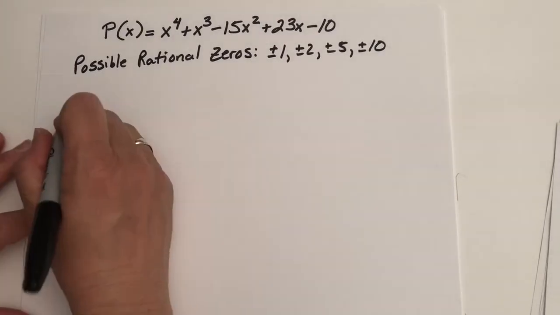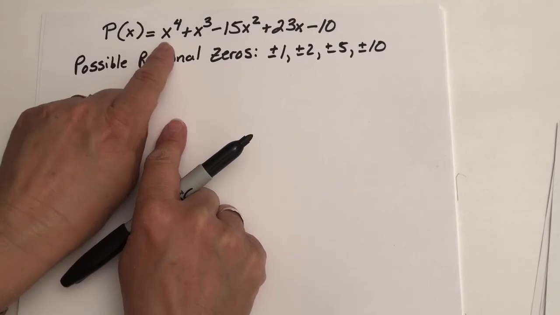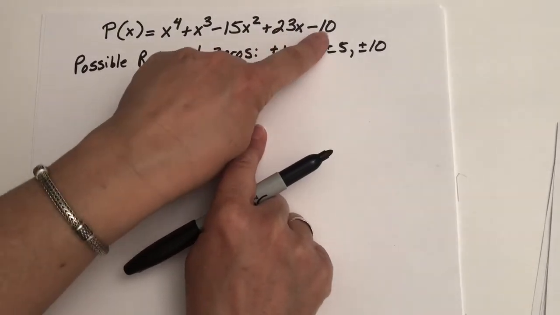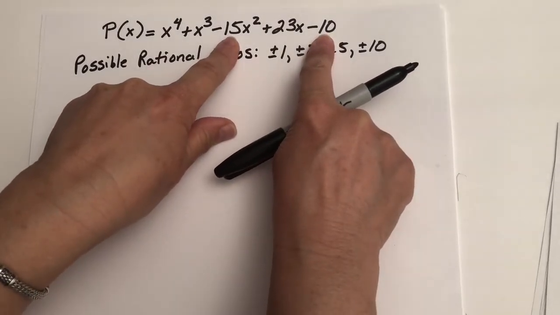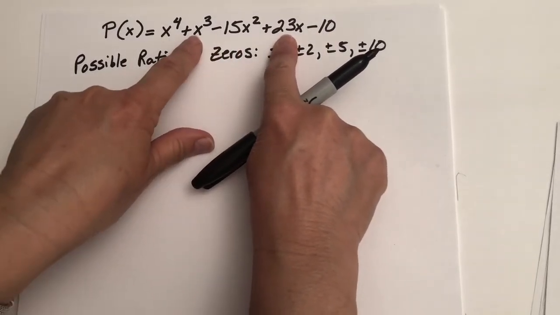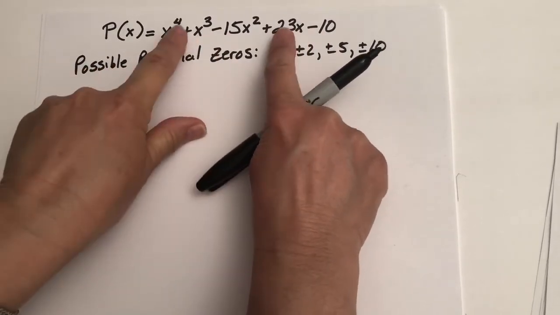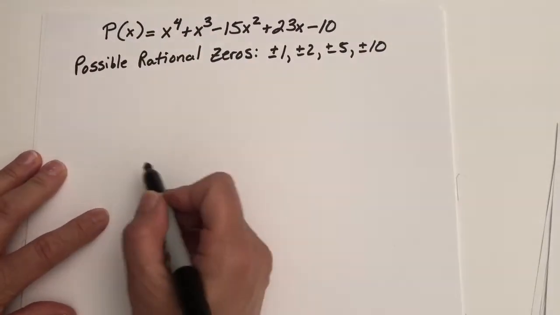Notice that if you pop 1 in, and again, you may be able to do this in your head, you'd have 1 plus 1 minus 15 plus 23 minus 10. Can you see that that would be a -25 here, and a 23 and a 1 and a 1 is a positive 25. So a -25 and a positive 25. So I can tell that P of 1 equals 0.